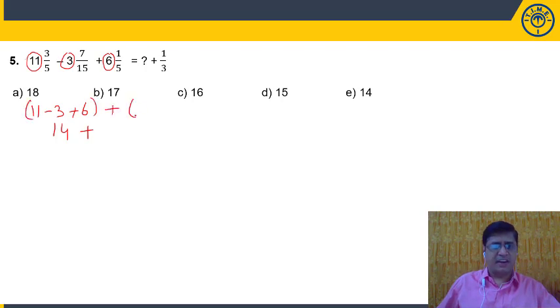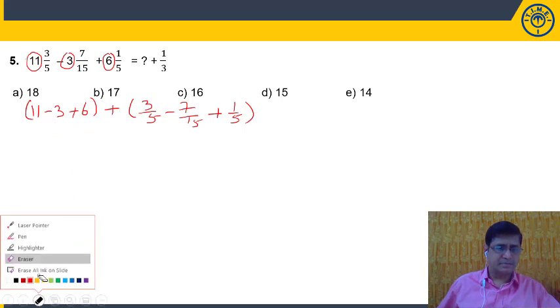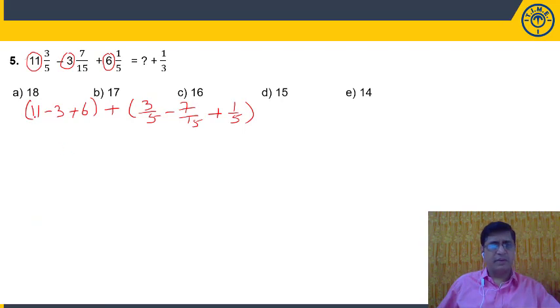And sum of the proper fractions is 3 by 5, 7 by 15 and 1 by 5. So 11 minus 3 plus 6, the value is 14.